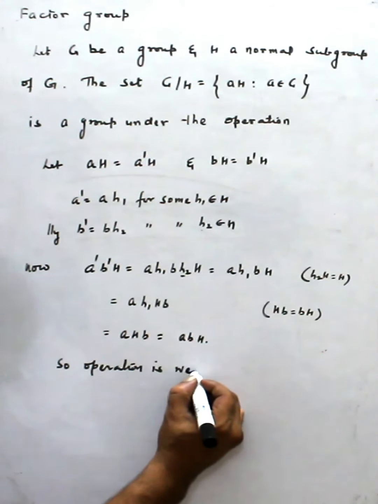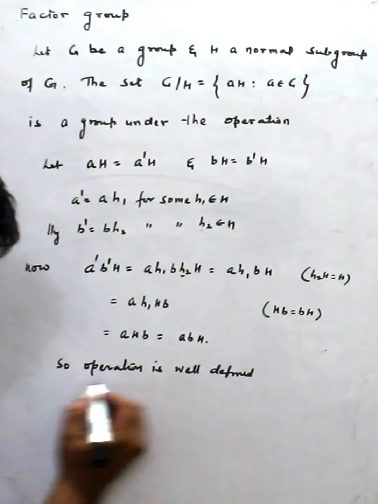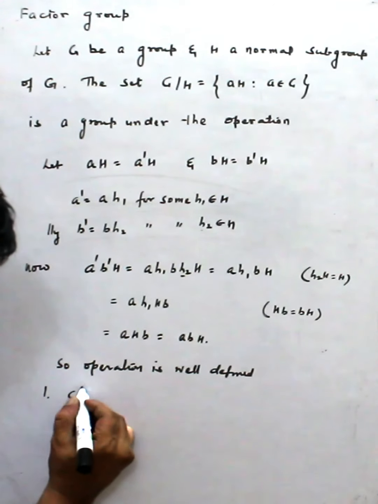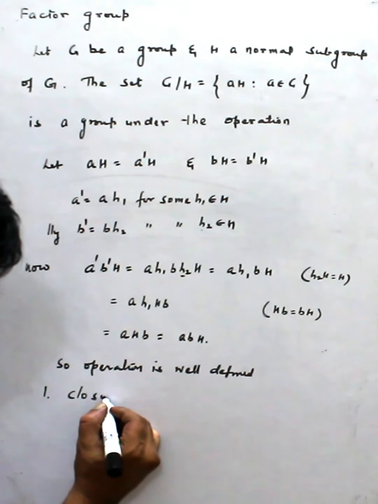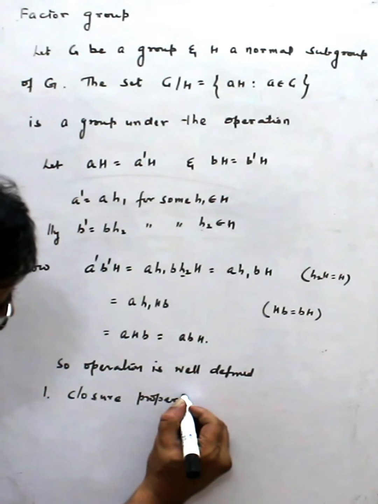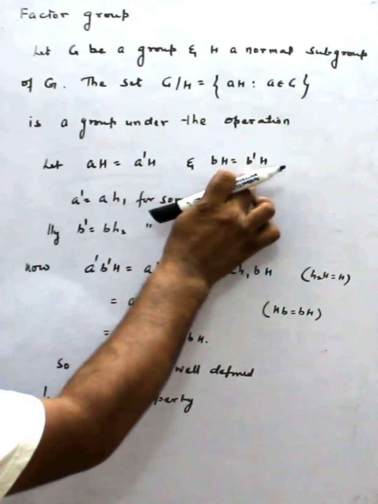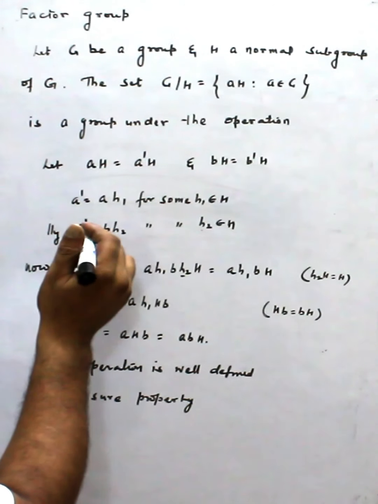Number one, closure property. It is given, obviously, by the operation.